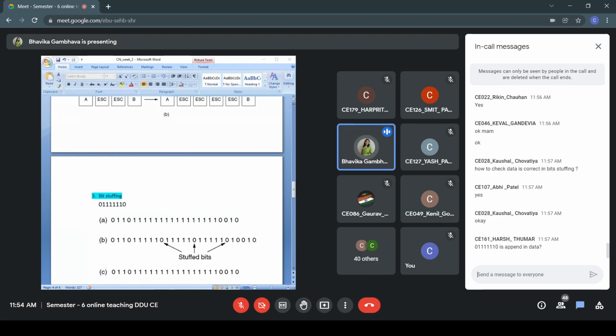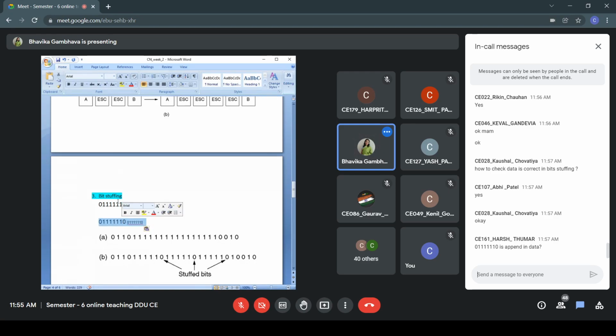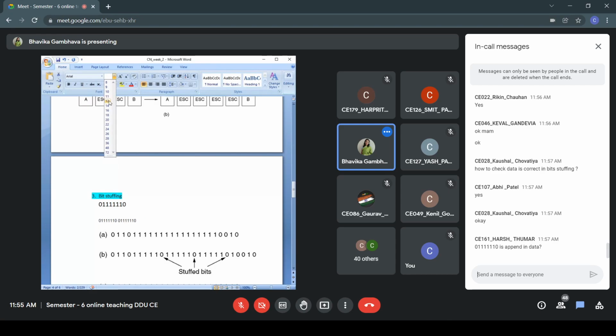No, you don't append this in the data hash. You just append 1 0 after 5 ones. If what you are writing is data, let us say you are saying that this is the same as 0610. If this is the data, then what you will actually be sending is first the starting delimiter, then 0, and then again at the end.